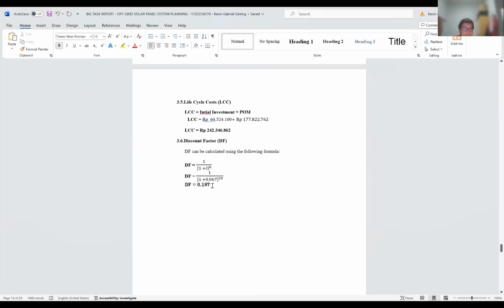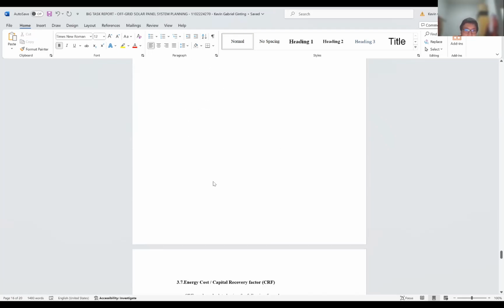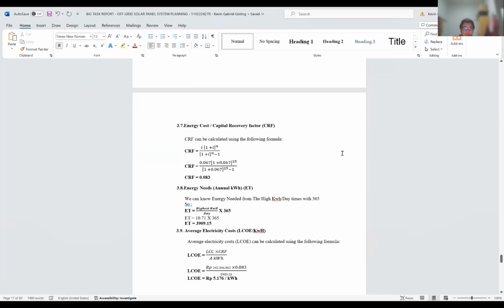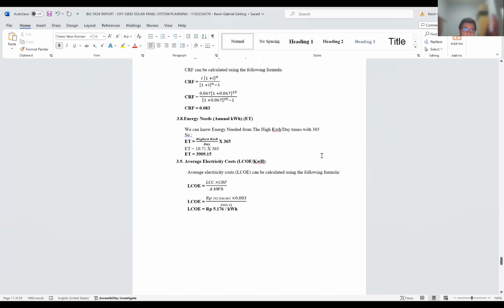So the DF we get is 0.17897. After we find that, we have to know the capital recovery factor, or CRF. It is calculated with this formula, and we will get 0.083.